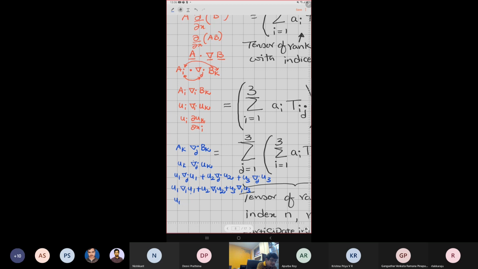Because the next one really turns out to be del 2 u1 plus u2 del 2 u2 plus u3 del 2 u3, then u1 del 3 u1 plus u2 del 3 u2 plus u3 del 3 u3, which if I'm going to write it in my general standard notation, this is u multiplied by del u by del x plus v del u by del y, v multiplied by del v by again del x plus del w multiplied by del v by again del x I'm going to get. Is that what you mean?